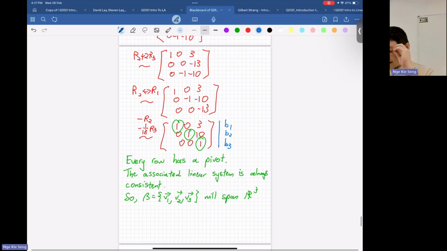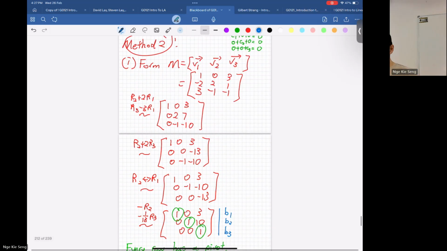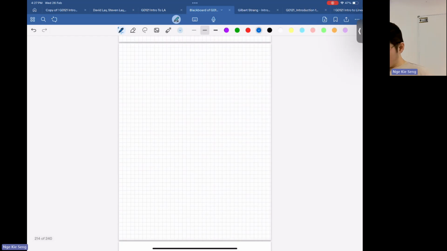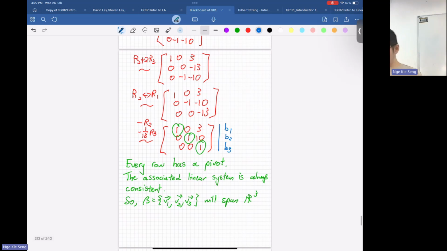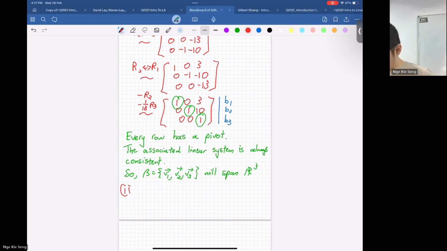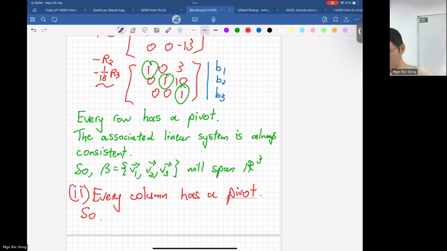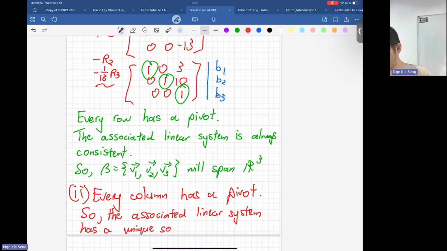So this is one clean way you can show span. The other method, for linear independence, is similar. It's the same REF, but in the second part, you should say that every column has a pivot. So the associated linear system has a unique solution.